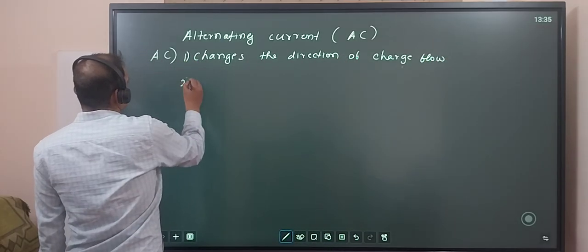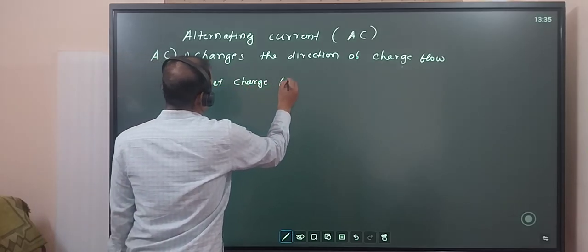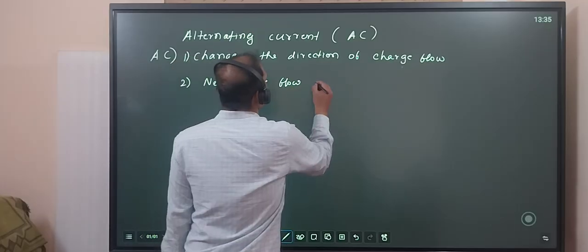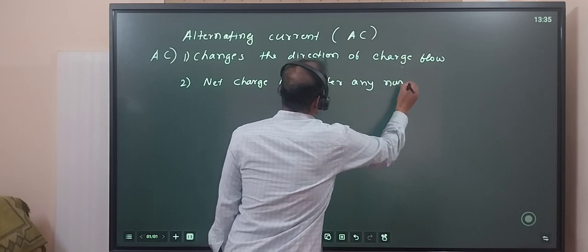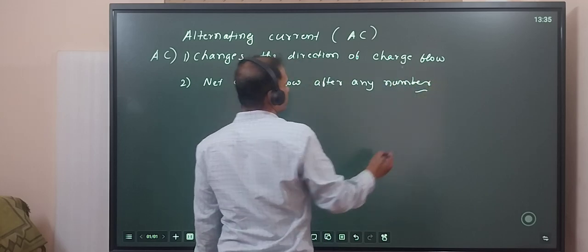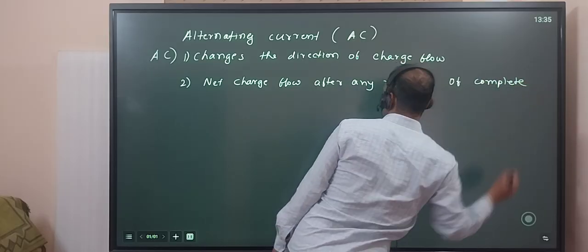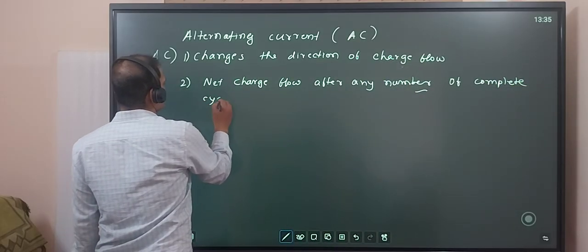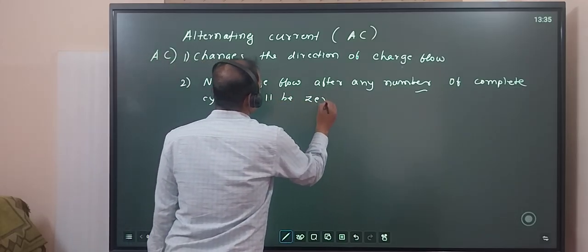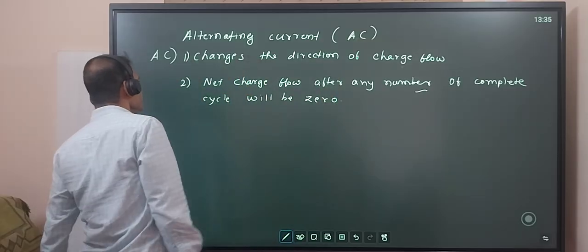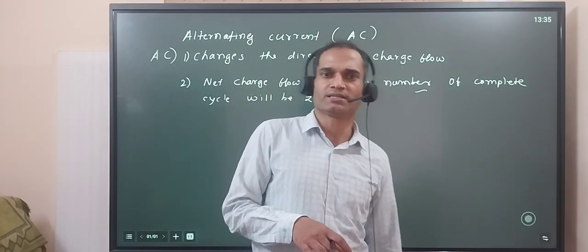One thing, net charge flow after any number of complete cycles will be 0. And the magnitude of the current may vary, may not vary.